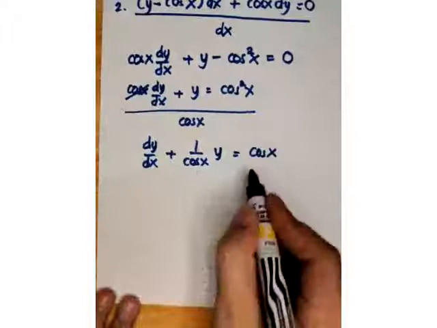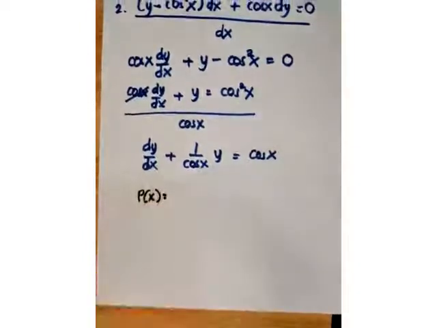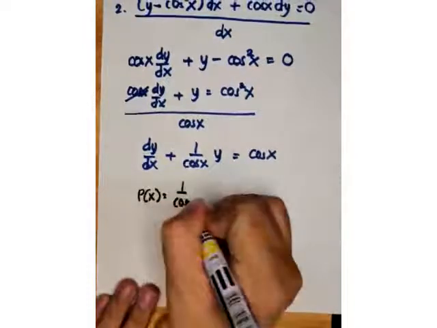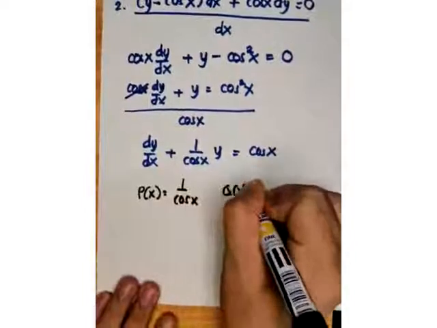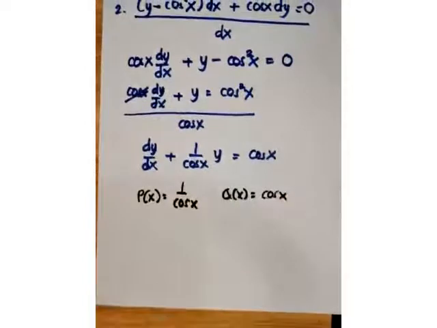Okay, so kung nakuha na natin yan, so therefore, what is our p of x? Okay, so what's our p of x? 1 over cosine x. And then our q of x, so that is cosine x.